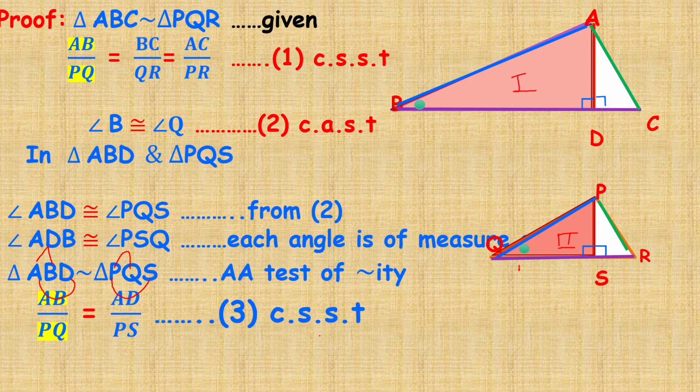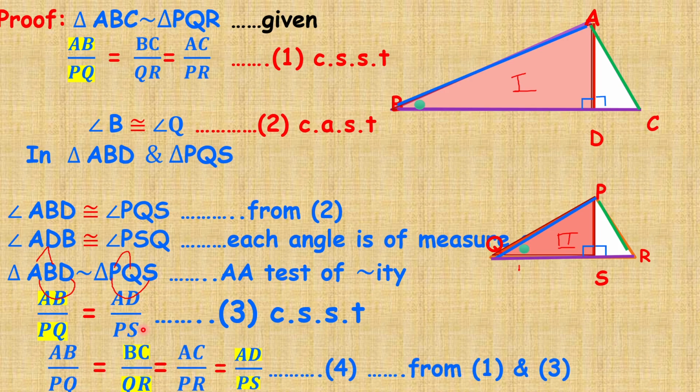This is statement 3. Observe equations 1 and 3: AB upon PQ is common. Therefore, all these ratios are in proportion. From 1 and 3, we write AB upon PQ is equal to BC upon QR is equal to AC upon PR is equal to AD upon PS.